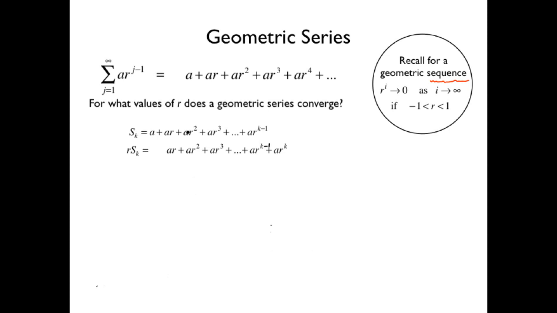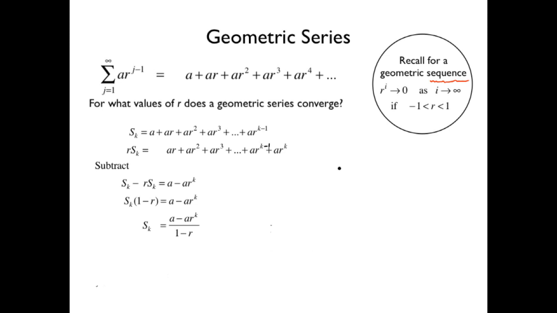All the ones that were lined up will go away, and we'll just have A minus AR to the k. Now I'm going to factor out the kth partial sum. That leaves 1 minus R equals A minus AR to the k. And now I'm going to divide by 1 minus R.